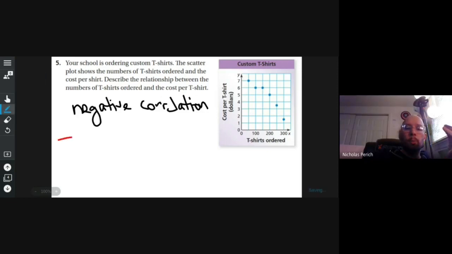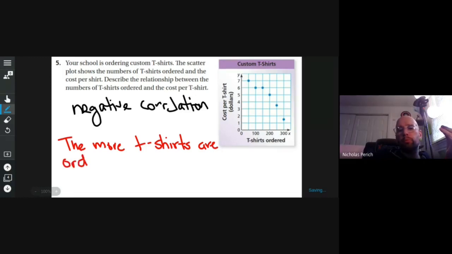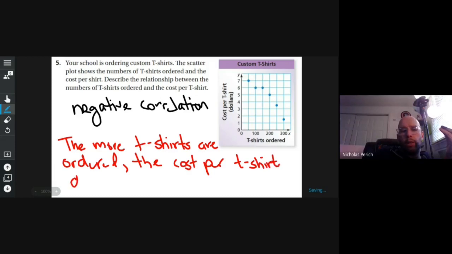is the more t-shirts are ordered, the cost per t-shirt decreases.